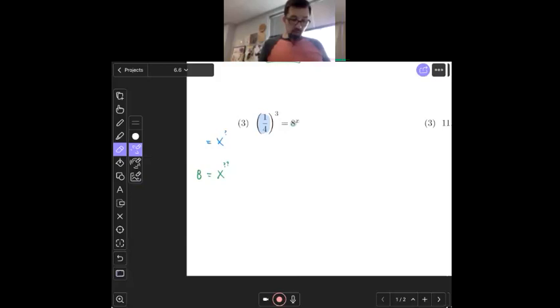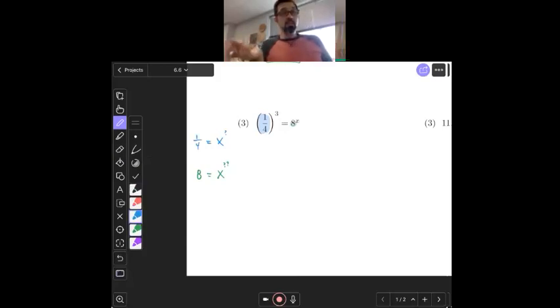So if you're going to try to figure out one of these numbers as a power, which one maybe would be the easier of the two to look at? Would you rather look at 1/4 and try to figure it out as a power? Or would you rather look at 8 and try to figure it out as a power? Which one would be easier? I agree, Maddie. I think 8's probably an easier number to look at first, right?